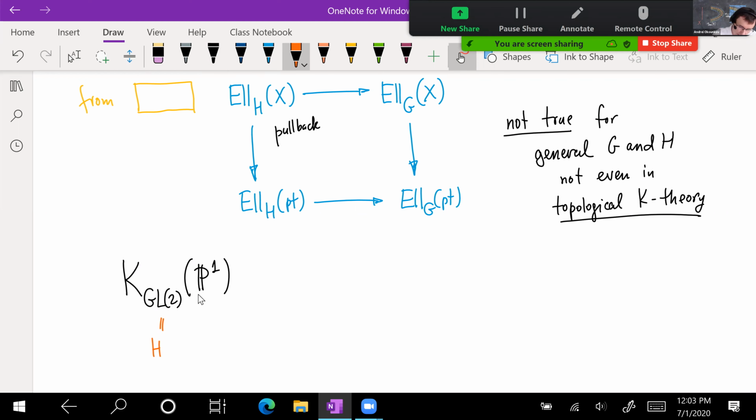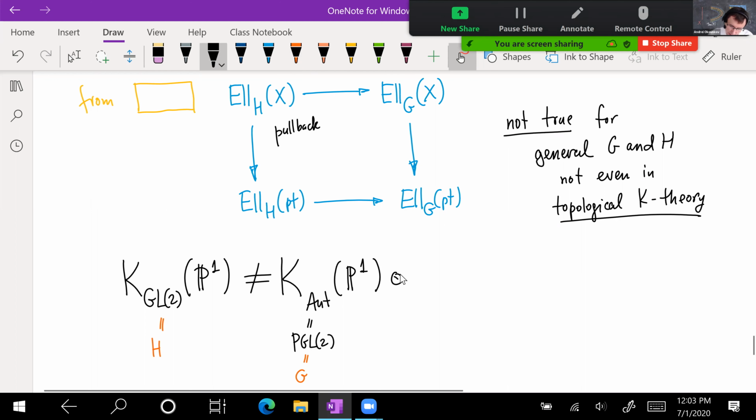Then this is not equal to the automorphisms of P1, which is PGL2, which we denote by G.